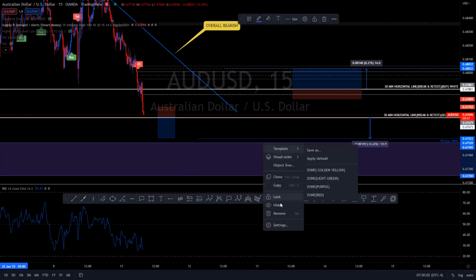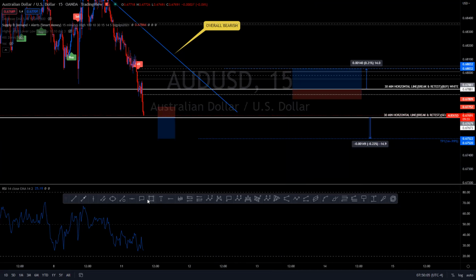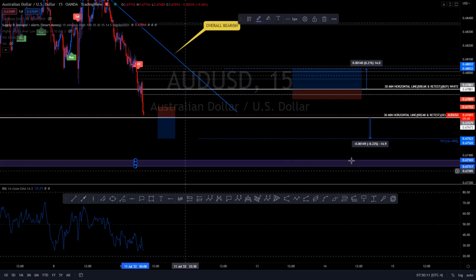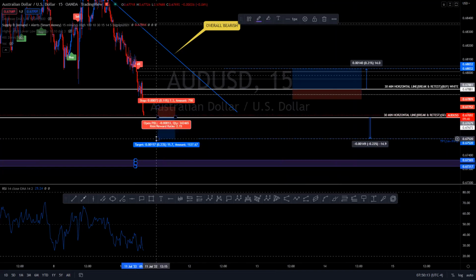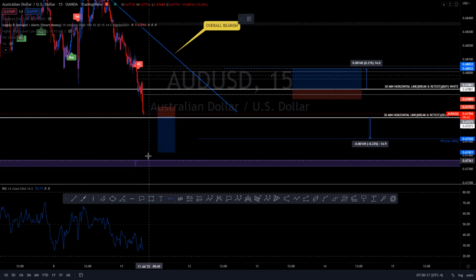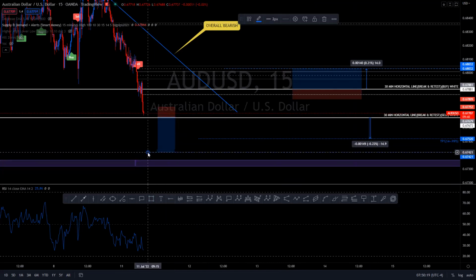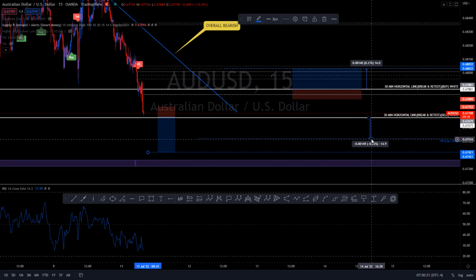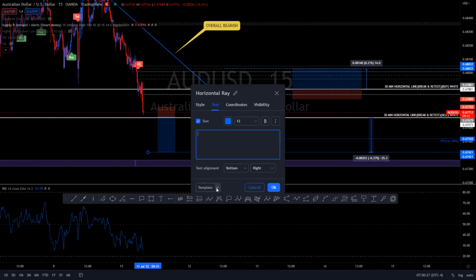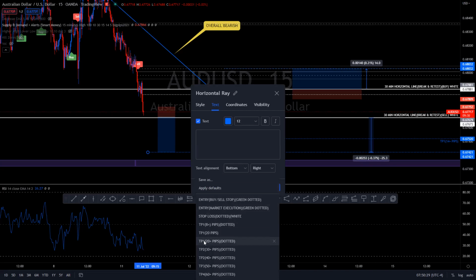Matter of fact, let me erase this zone and make it smaller. And maybe second TP will go down here. This will be 25 pips if it goes.